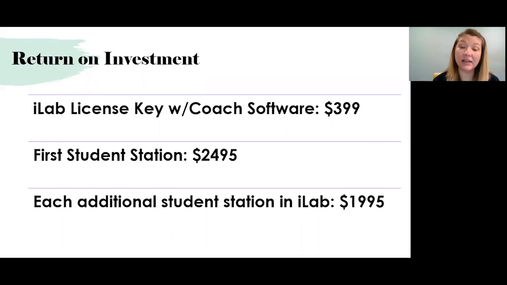Now, if you want to add a second individual to do that additional training, each additional student station you add is discounted, and it's at $1,995. And so you can start at $399 if you already have that professional system with the 1 virtual user. That's going to generate some revenue for you, and then you have the opportunity to expand for just under $2,000, you can add a second person.